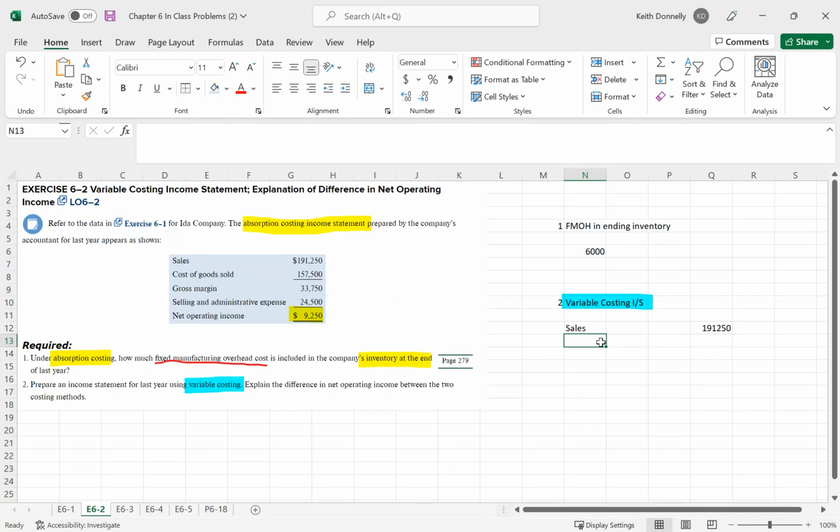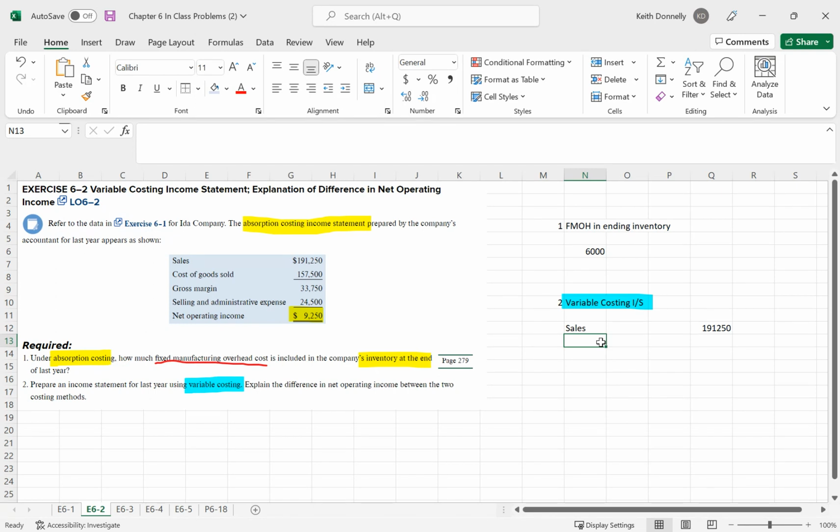Your sales are your sales. How we organize and separate it will be different. Sometimes it's just moving items around. Other times it's literally excluding stuff or including it, like a difference would be fixed manufacturing overhead. In any event, we're doing a variable costing income statement here, and it's going to follow the contribution margin format.